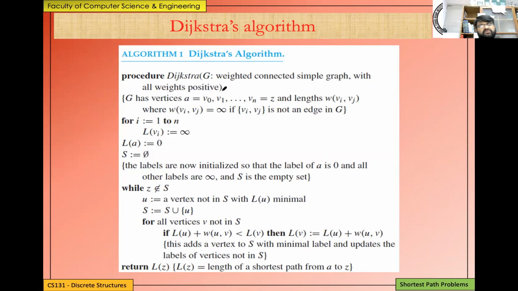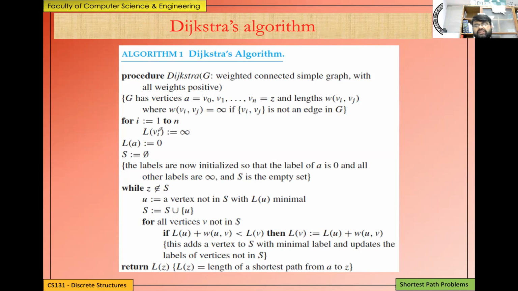Let's suppose that G has vertices A, which is V0, V1 till Vn, and the final vertex is Z, and lengths w(Vi, Vj), where w(Vi, Vj) is infinity if there does not exist an edge between Vi and Vj. So it's basically a matrix of lengths, infinity for the ones where edges do not exist, and the actual edge length for edges that are given.